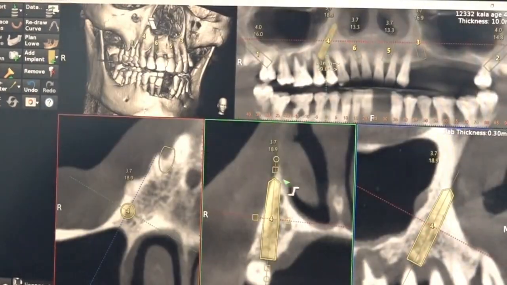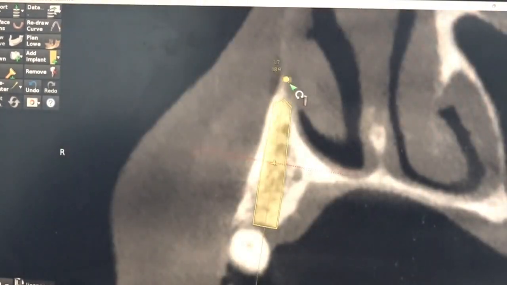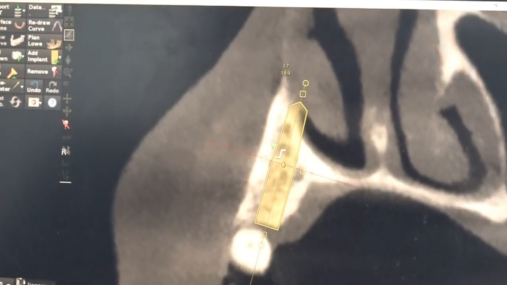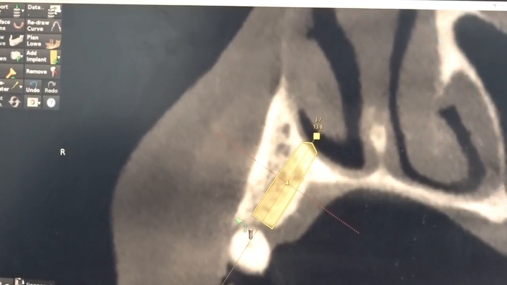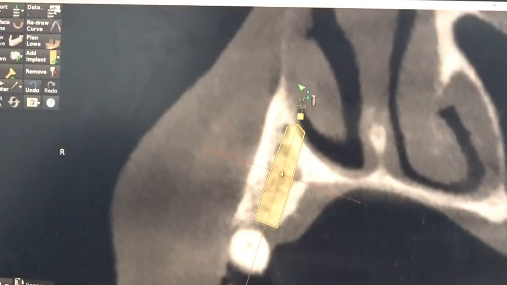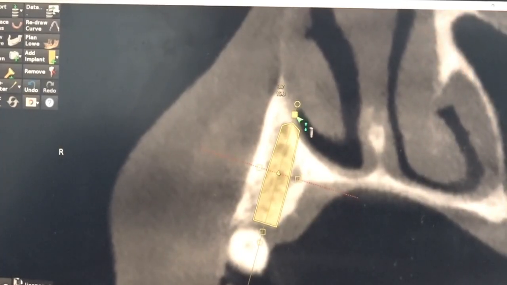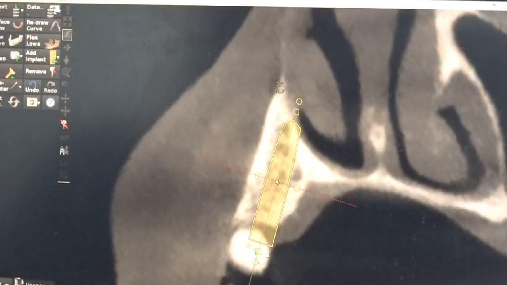We are getting longer length here. If we drill parallel to the palatal wall, we will be getting only a lesser length, only 13 mm. But if we drill parallel to the buccal wall, we will be getting 15 or 16 mm, and also the abutment will come in a better position.